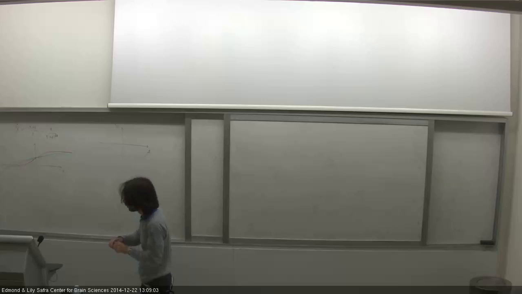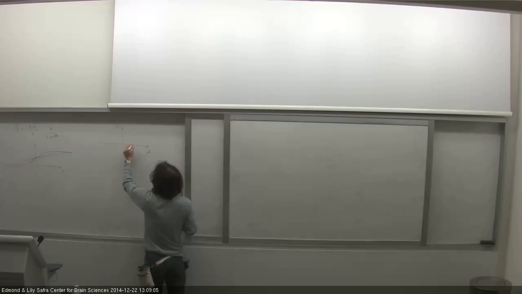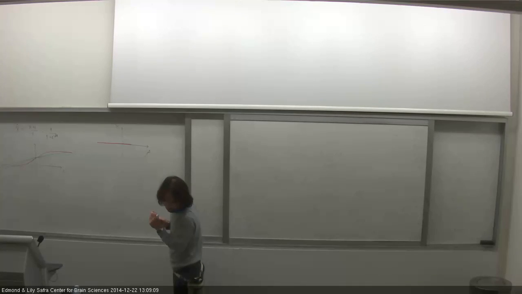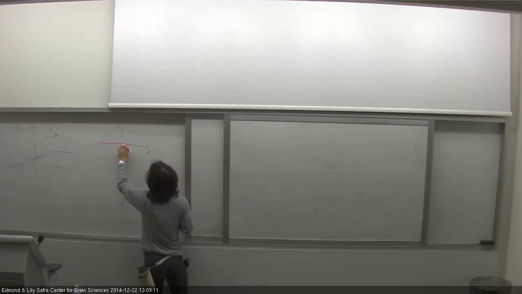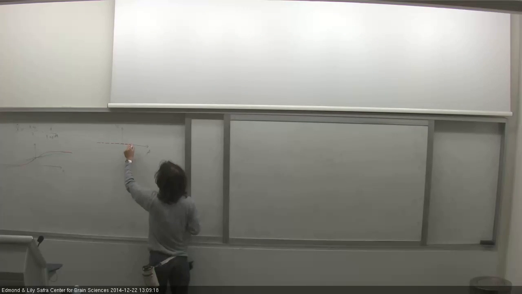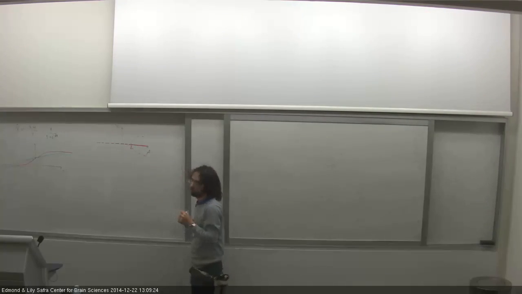Do it in red. Okay, this is a dashed line. At beta equals 2, this becomes stable, and we have 2 branches appearing.